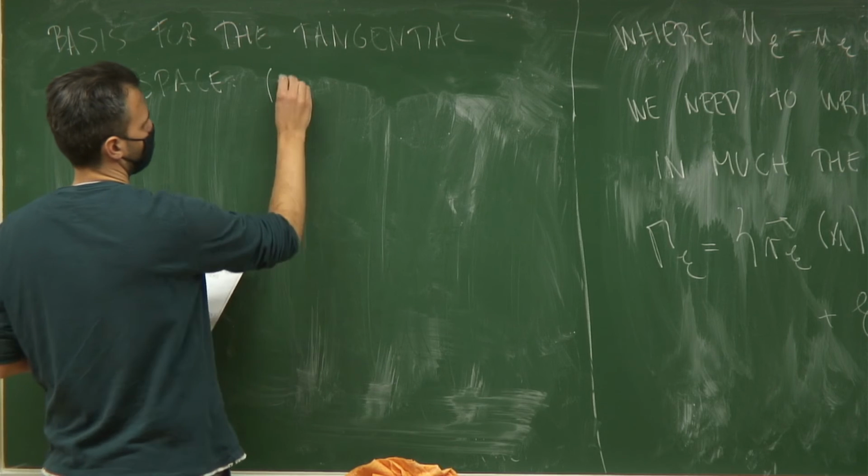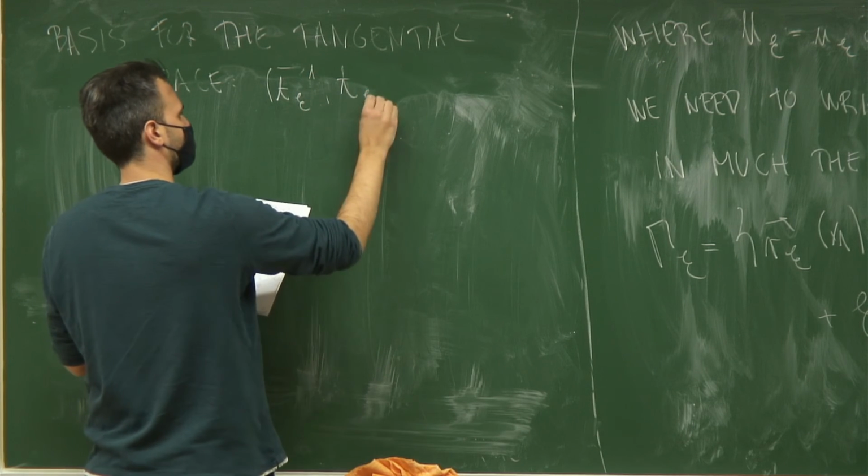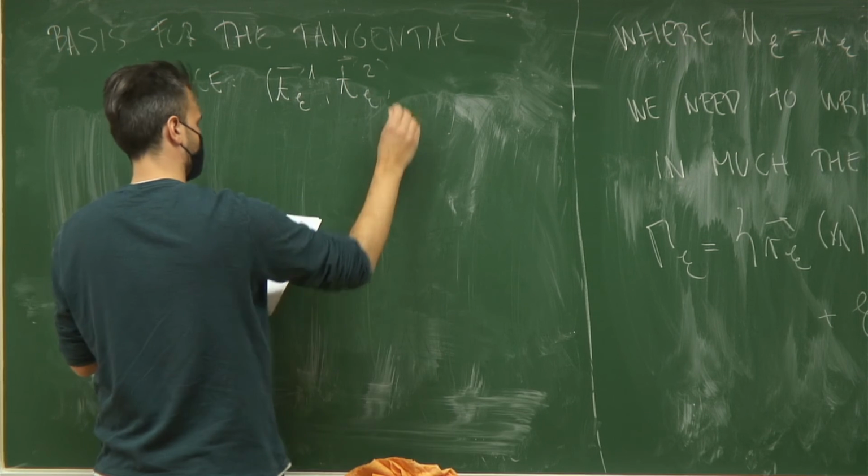We denote it in the following way: T epsilon 1, T epsilon 2.